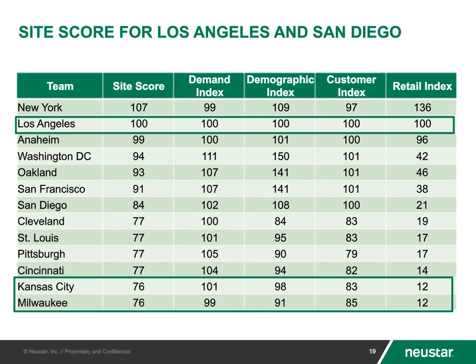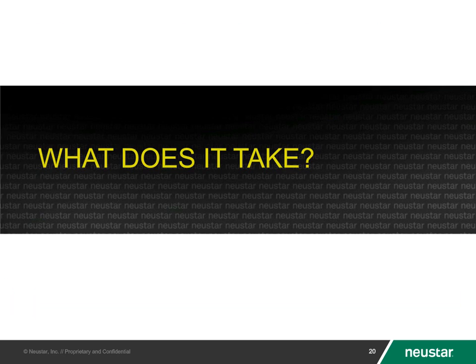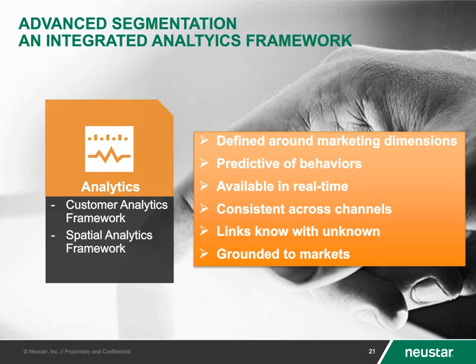So with that, I want to shift it now and start getting a little more serious about talking about what it takes, and what it means when we talk about a segmentation strategy, and the things that really make this work, and what you need to be aware of. When you think about this, these are the things that we're going to hit on as we go through defining this strategy.